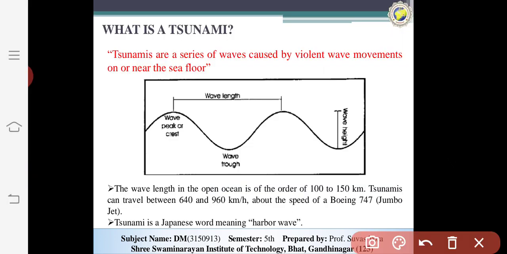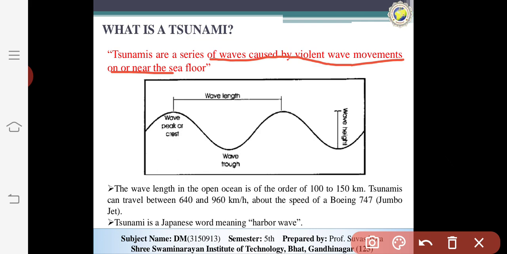So tsunami means a series of waves caused by violent movement on or near the sea floor.